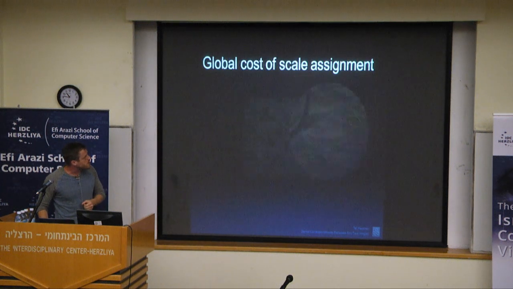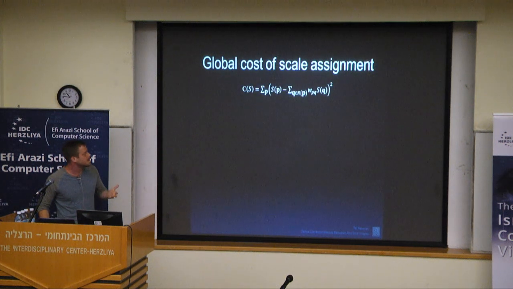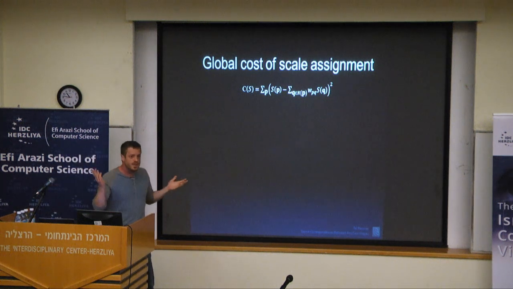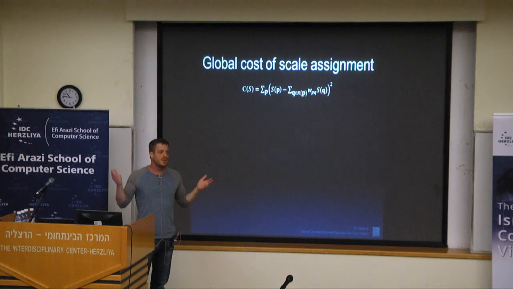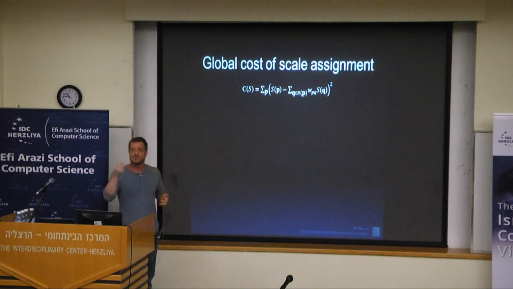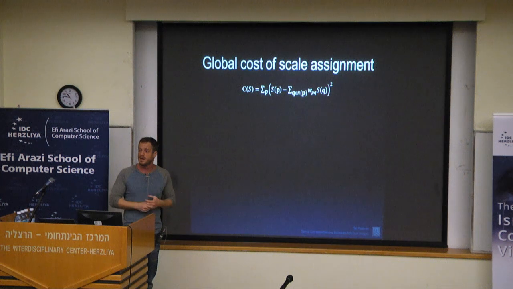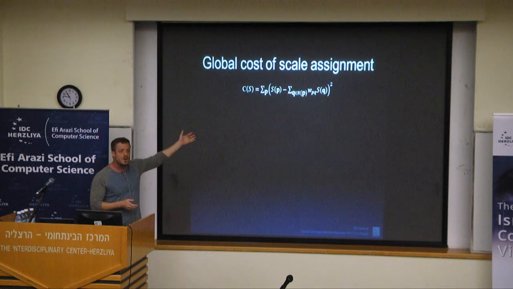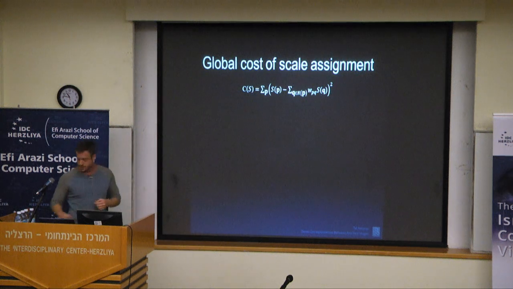This scale propagation is performed by defining a global cost function for scale assignments, which looks something like this. Anybody who's familiar with normalized cuts, image colorization, any of the scribble-based techniques for image modification or editing, all of these are familiar with this sort of equation.